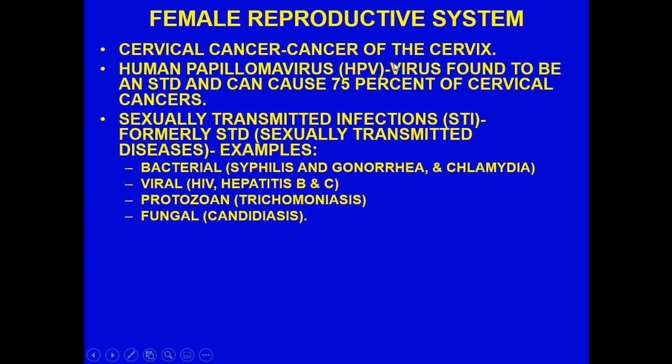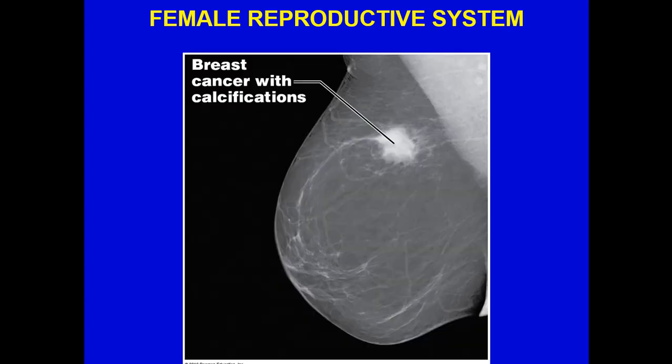Chlamydia, for example, can go into the fallopian tubes, cause great proliferation, and then basically close up the tubes, filling them with scar tissue. So that's why some of these diseases have to be dealt with very seriously, because they can lead to unforeseen effects down the road, affecting the person's fertility.